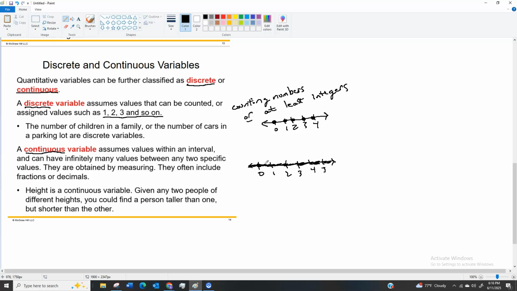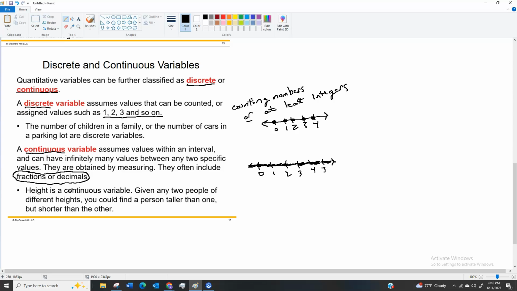So you could have 0.5, 0.8, 1.2. Now that doesn't mean that it can go out to any number of decimals. It doesn't mean you can have numbers like pi that never repeat or something like that. But you can have values in between the values. So typically what we'll say is that continuous variables are numbers where you can have fractions or decimals.